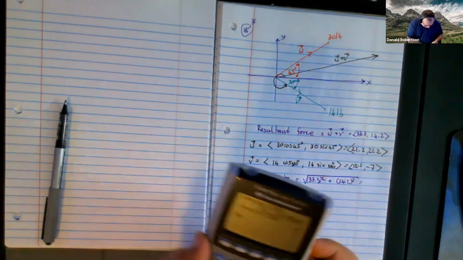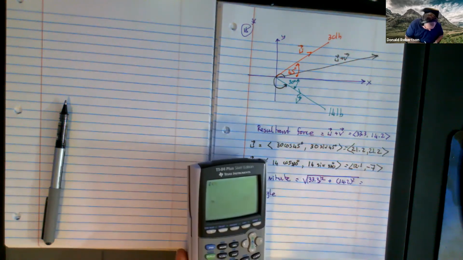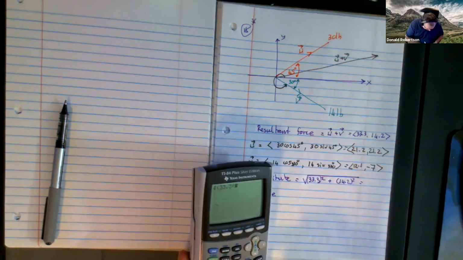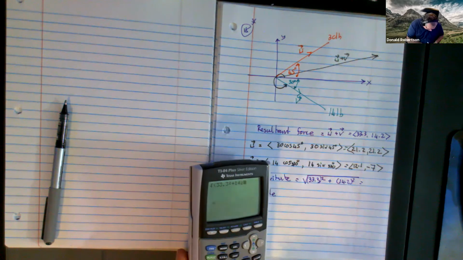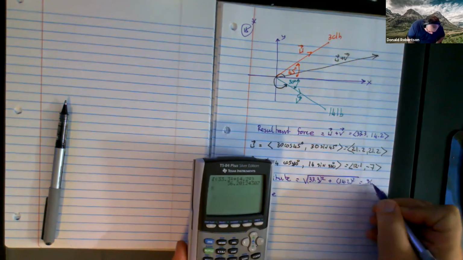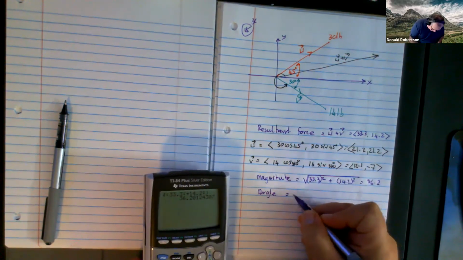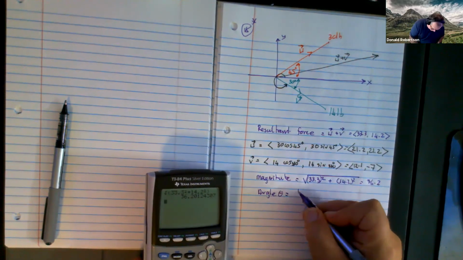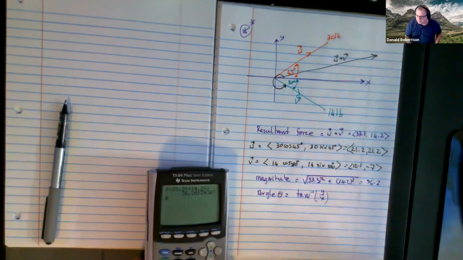So I go to the calculator and I do square root of 33.3 squared plus 14.2 squared, and I get about 36.2. And the angle, which I'll call theta, is the inverse tan of y over x. So if you just use the formula, I don't need pictures.